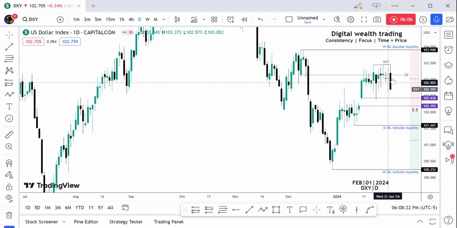On the Euro, we did create a lower low, but on the dollar, we did not create a significant higher high. That's why I indicate it as SMT, which is what I mean by smart money divergence. And how today's candle closed, you can see, we closed so bearish, and this indicates that we are coming below this area.